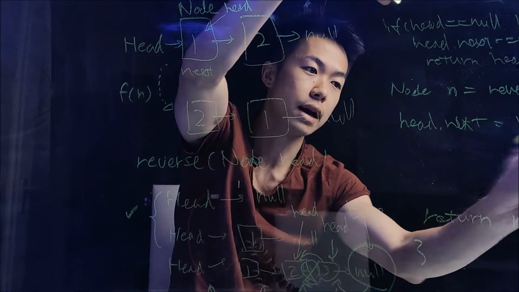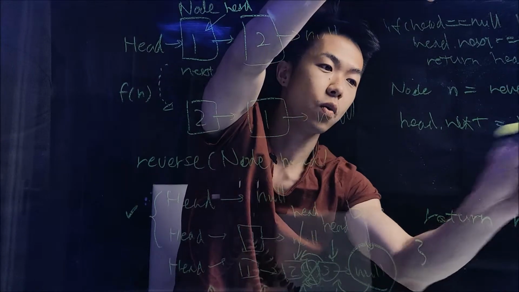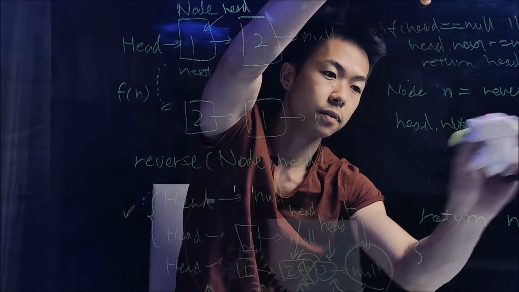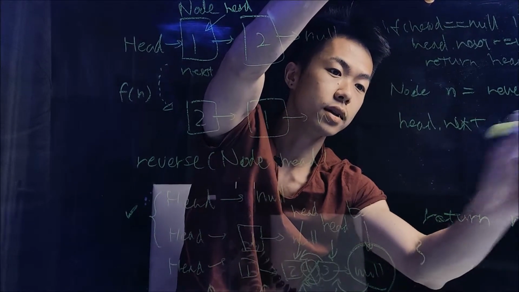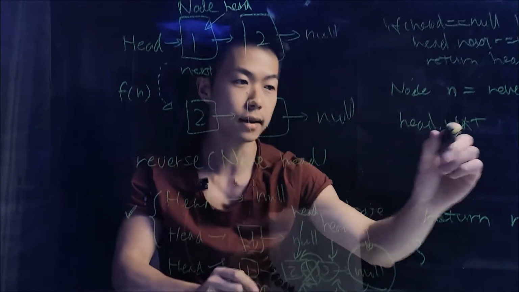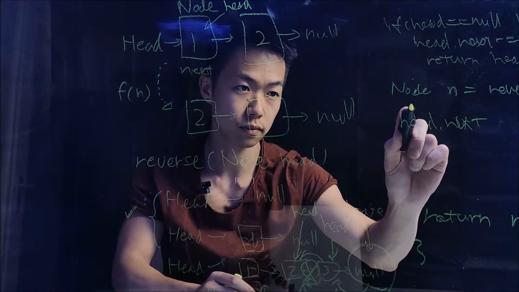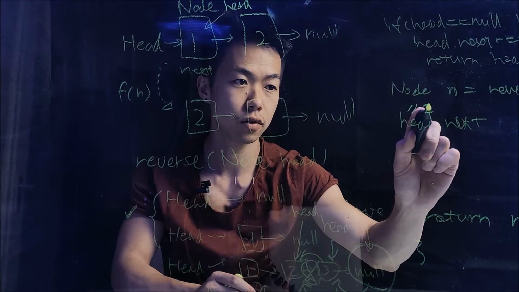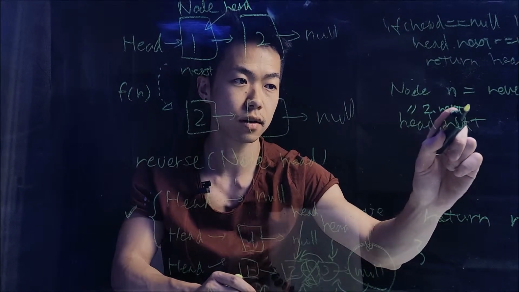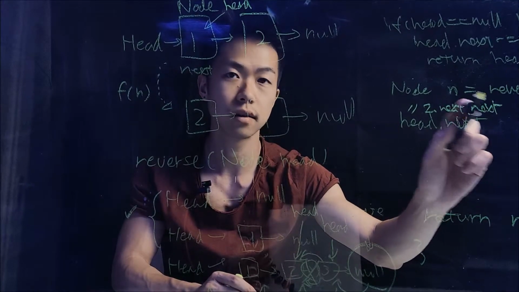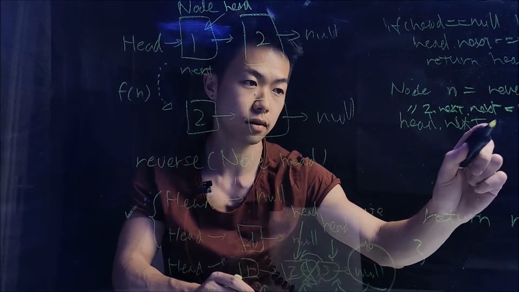So here, I know this is confusing. That's why we are doing this, because the recursive one is a little more tricky. So head is 2. 2.next is 2. That's what we want.